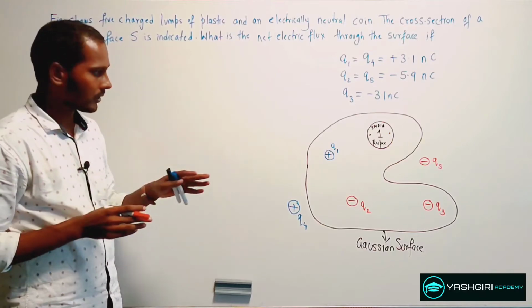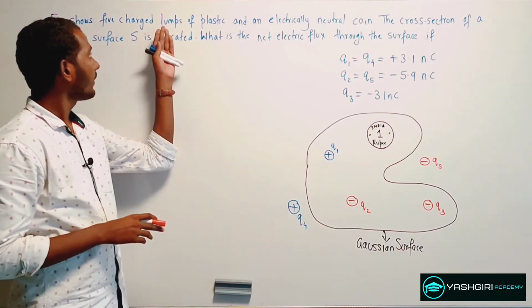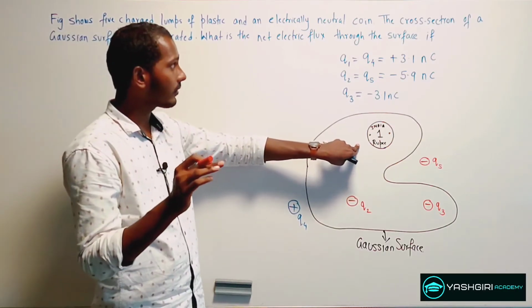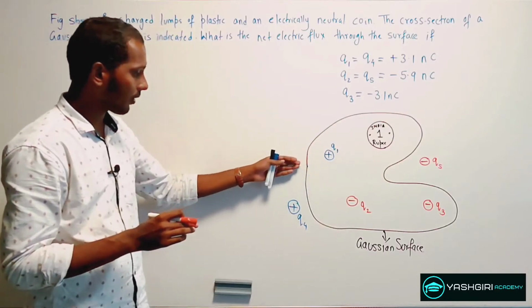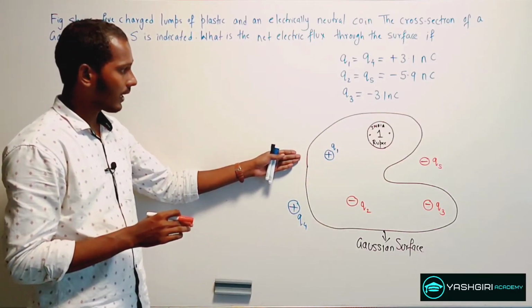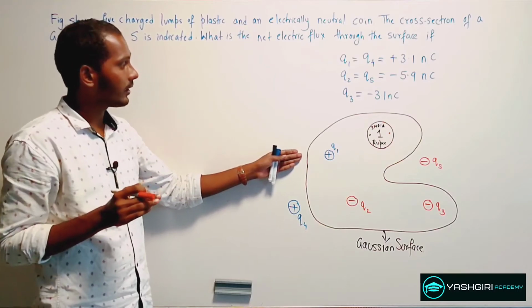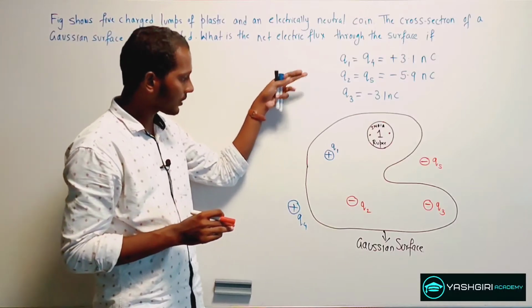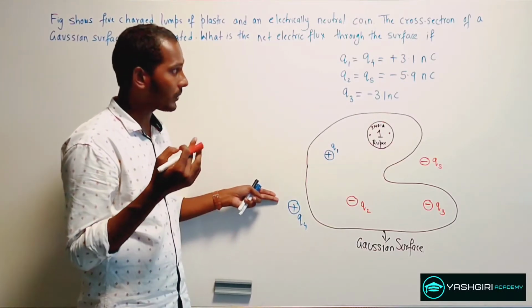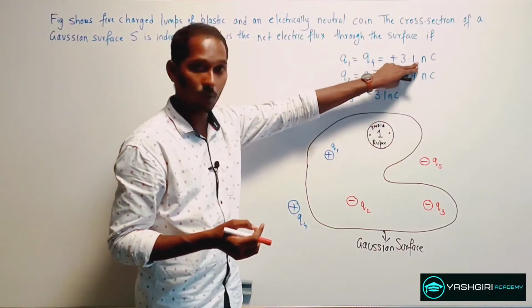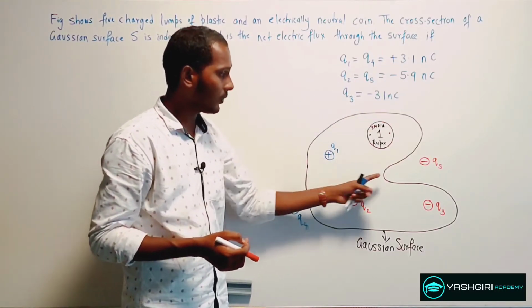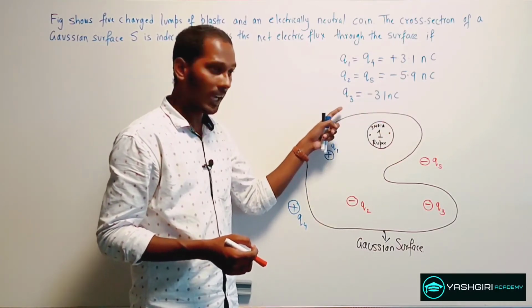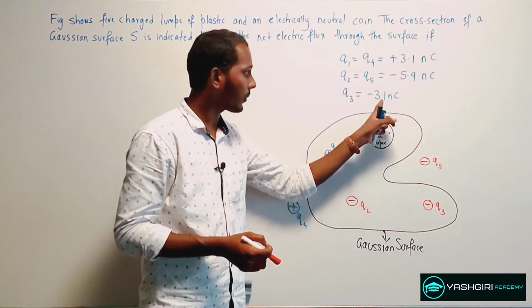Now here in this question, the figure shows five charged lumps of plastic and an electrically neutral coin, and here the cross section of the Gaussian surface is shown, and we are told to calculate the electric flux through this Gaussian surface, where we are given charges Q1 and Q4 which are positive charges of 3.1 nanocoulomb, the charges Q2 and Q5 are negative charges of 5.9 nanocoulomb, and the charge Q3 is again a negative charge of 3.1 nanocoulomb.